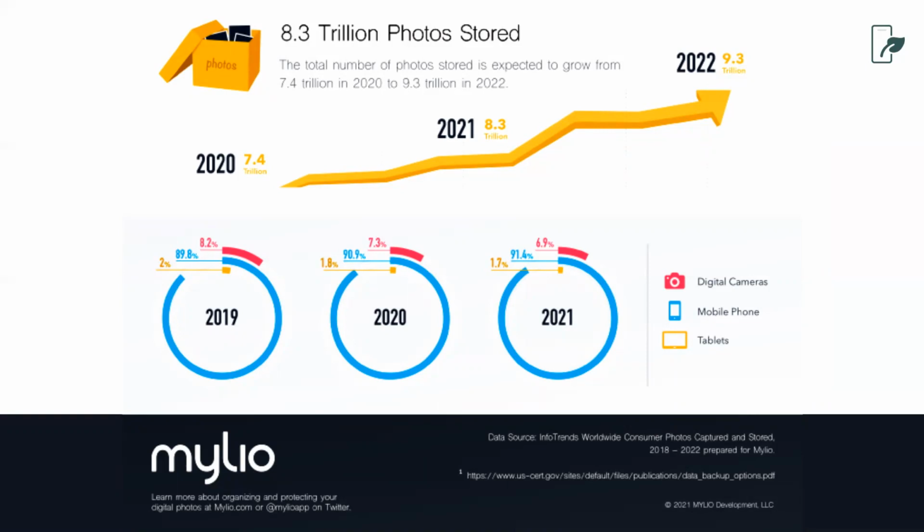You can see it going from 89% to almost 92%, compared to the proportion captured by digital cameras, which is interestingly on the decrease. So too is the imagery captured from tablets, iPads, and things like that. So the mobile phone is certainly setting the pace here.